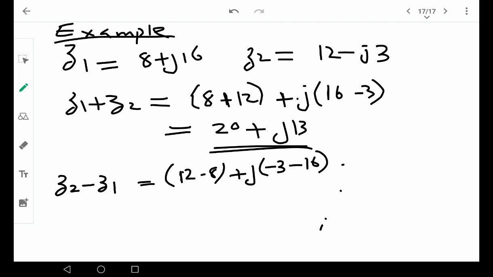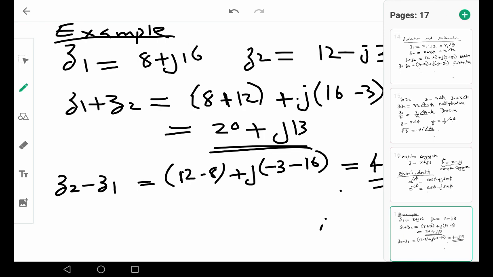So we will get 4 minus j19. That's the answer. Right. Now we will do another problem for multiplication and division. The next slide we will do.